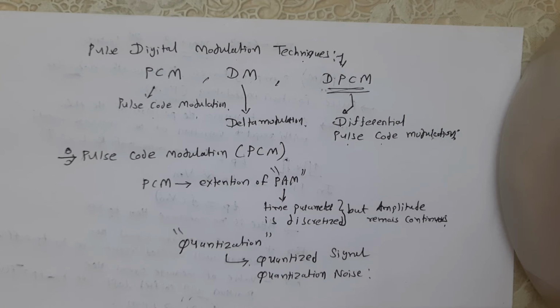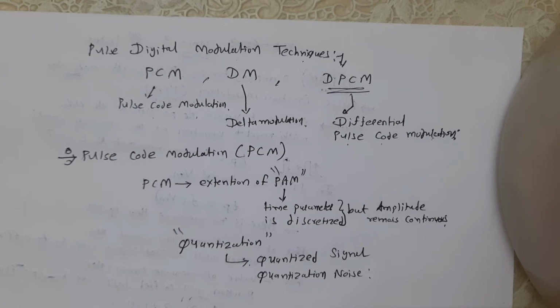What is preferable is minimum quantization noise, and hence more closely quantizing signal amplitudes. This leads to a larger number of discrete levels, hence it is a trade-off.